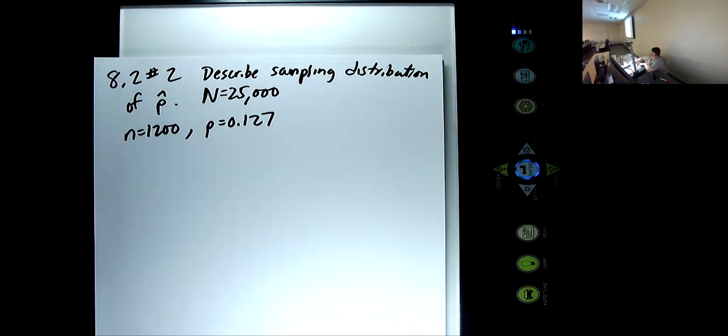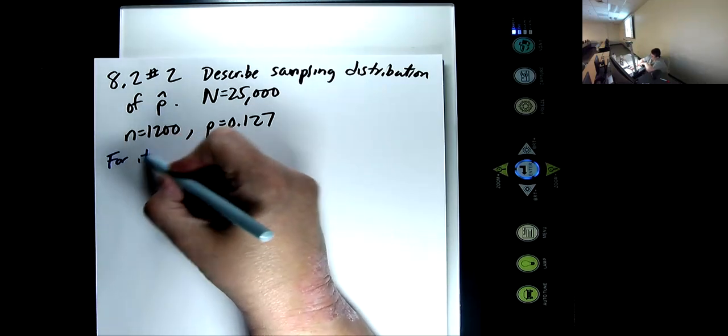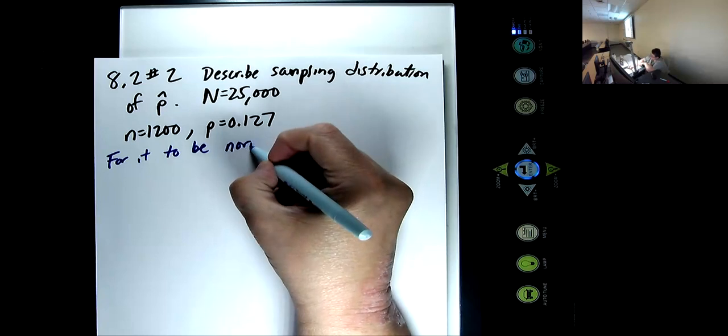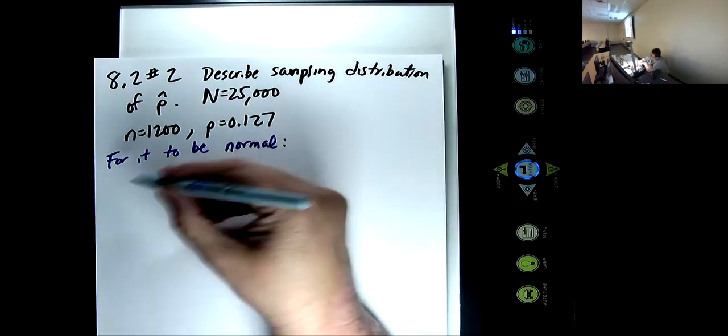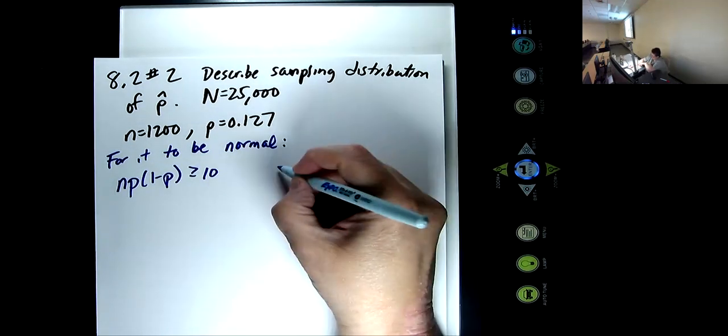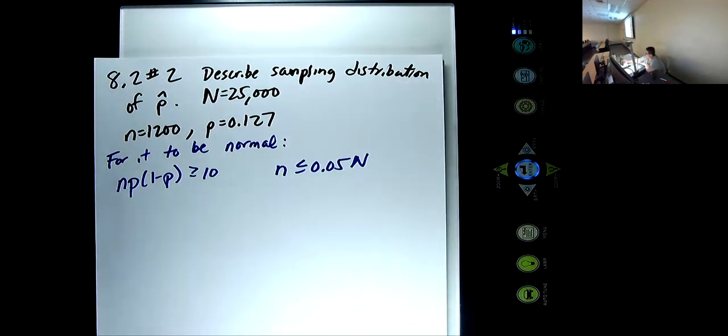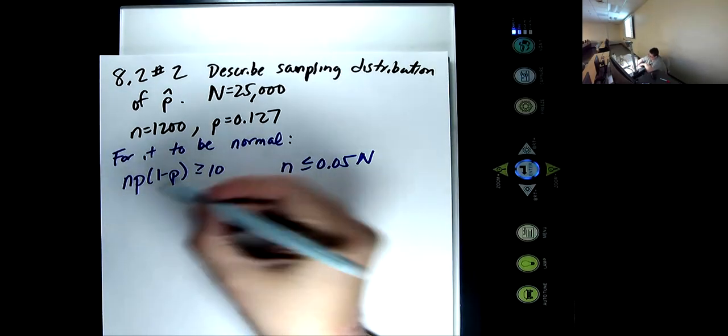All right, so we have to test a couple things. For it to be normal, we need n times p times 1 minus p to be greater than or equal to 10, and we need n to be less than 0.05 of big N. So let's plug in what we got.